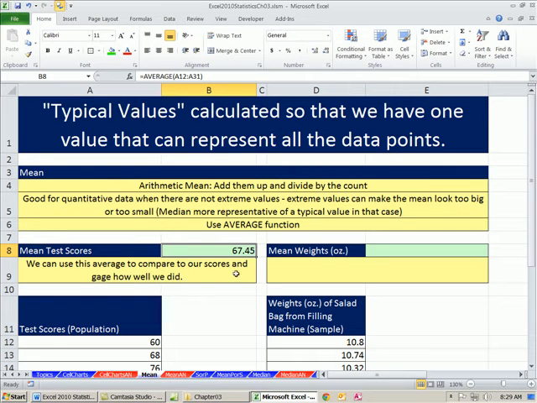We can use this average to compare our scores and gauge how well we did. That's why the teacher says it, right? The average is 67. Well, if you get an 81, you know you're above average. If you get a 65, you know you're slightly below average. So one example, very useful for test scores to have an average.